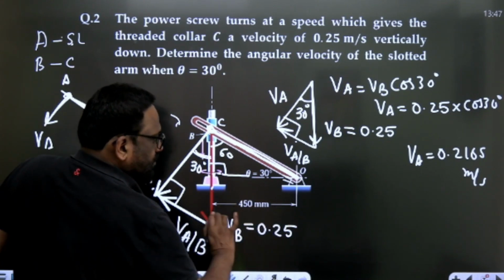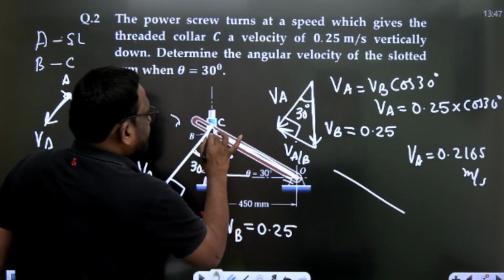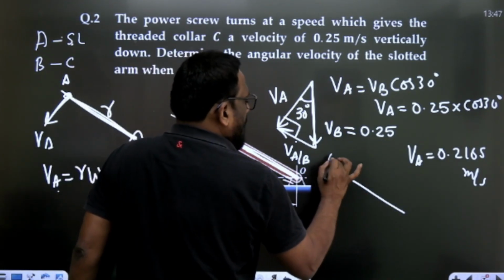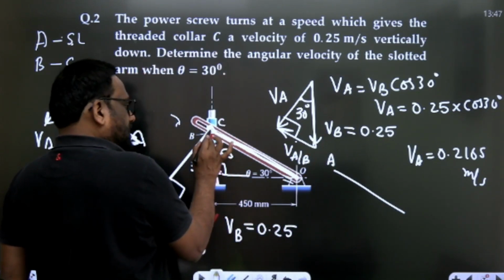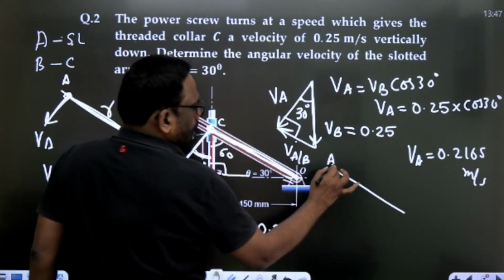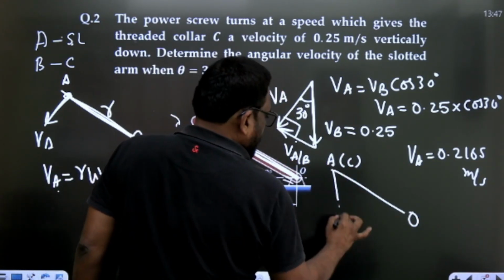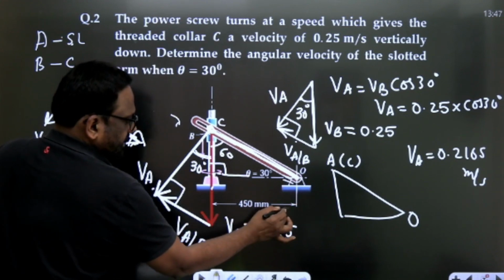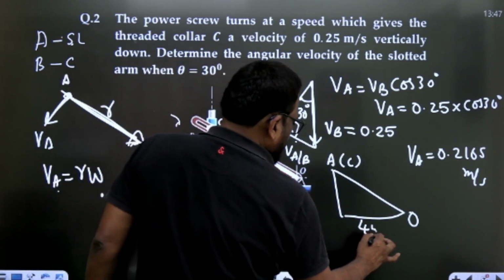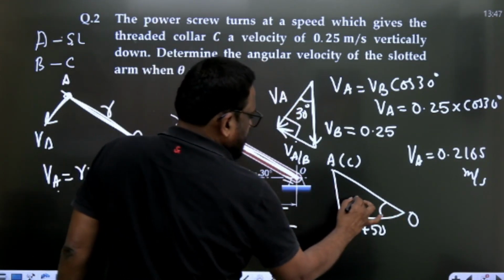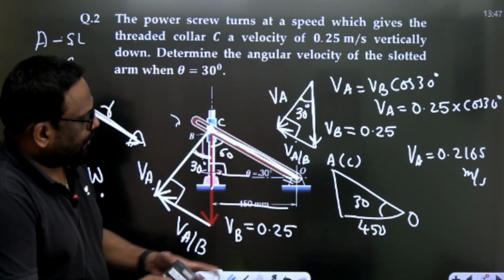Already you know this length is 4. Let us take this as A or B or C, let us say collar C, no problem, and this is O. This length is given. What is this length? It is 450. This angle is 30. So can I find this length?